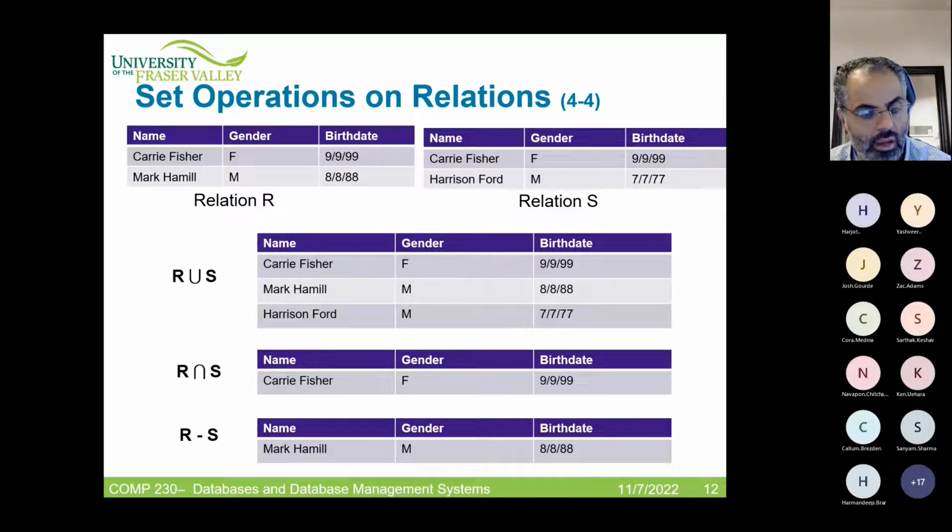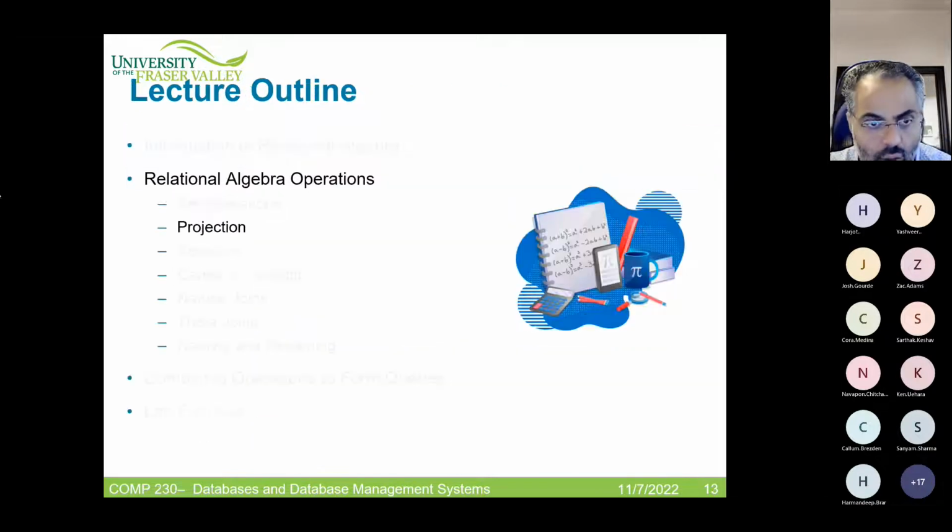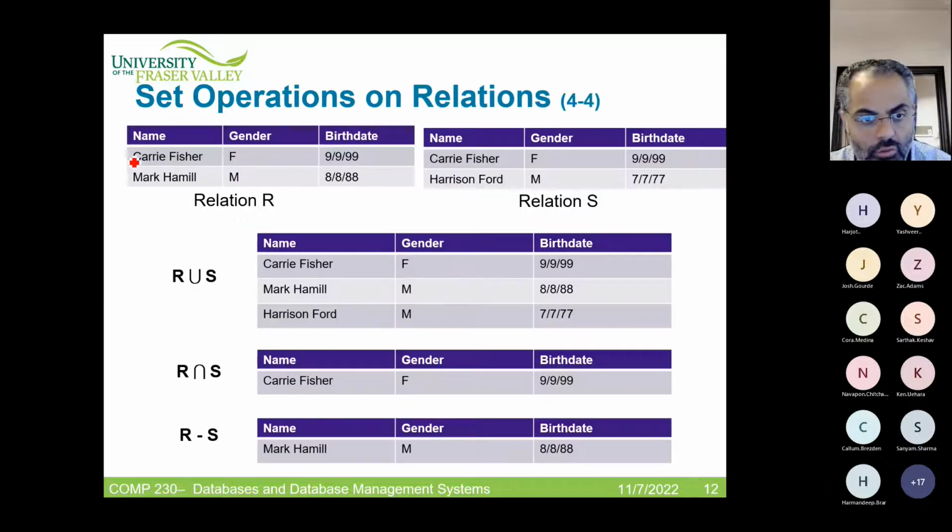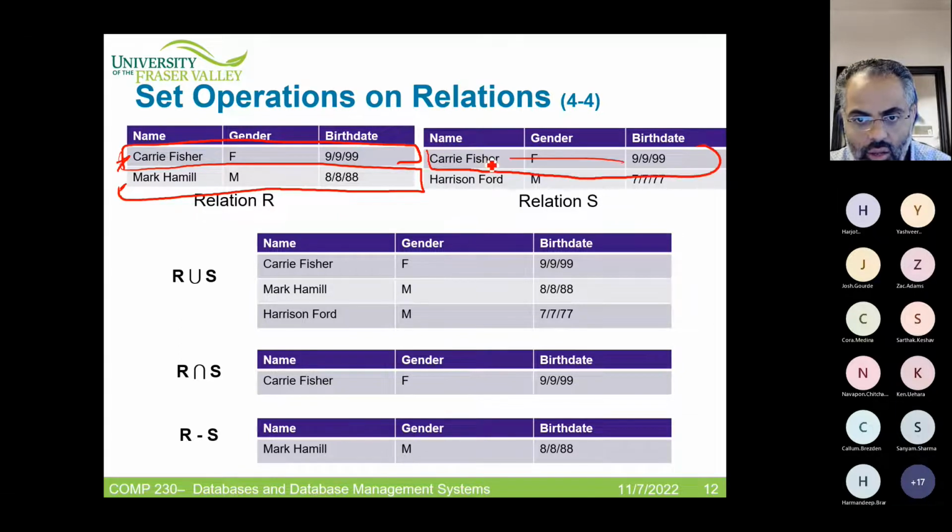Since we are dealing with them as sets, no duplication is allowed in the output result. In the first, we have Carrie Fisher and Mark Hamill, two records, two tuples. In the second, we have Carrie Fisher and Harrison Ford, another two records.